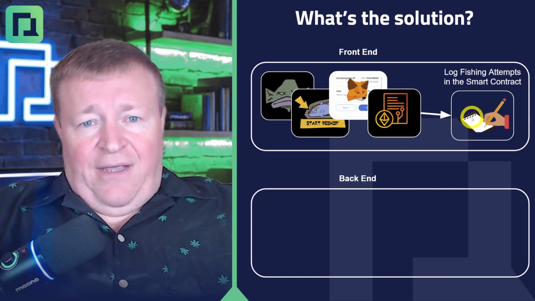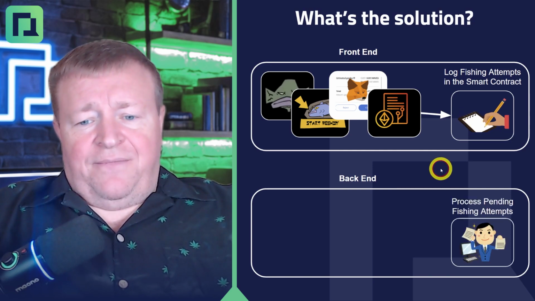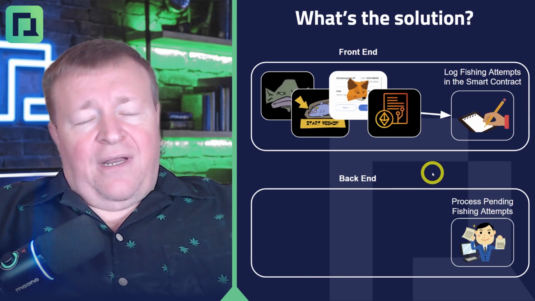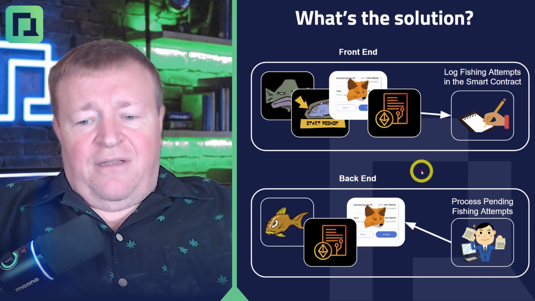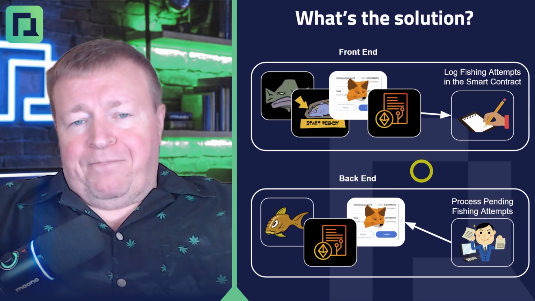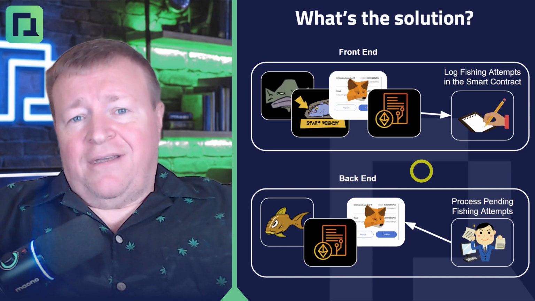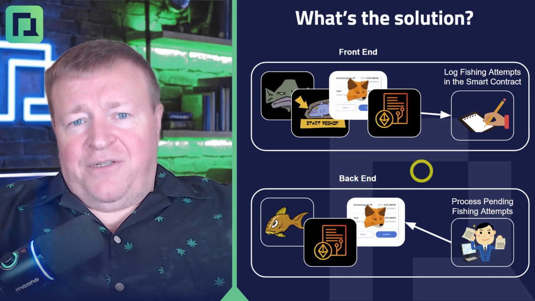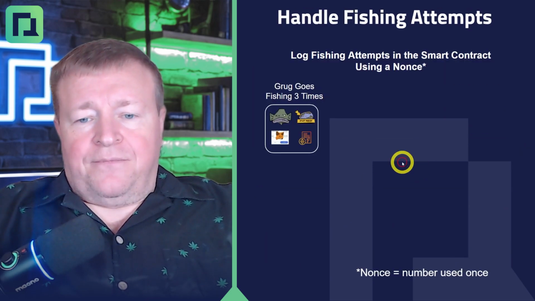So we're going to have an array in that, and we're just going to keep adding fishing attempts to it. Now the back end, we're going to have a special process that is specifically designed just for processing the pending fishing attempts. So what it's going to do is it's going to query the contract on a scheduled basis and say, hey, are there any pending fishing attempts? And if there are, it's going to process them.